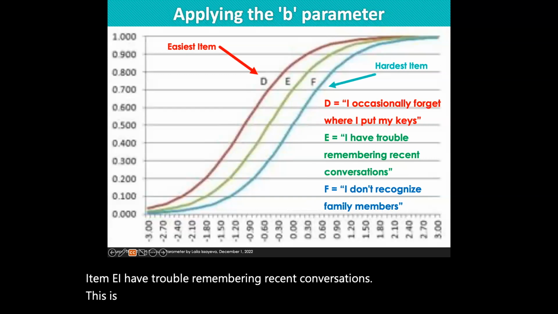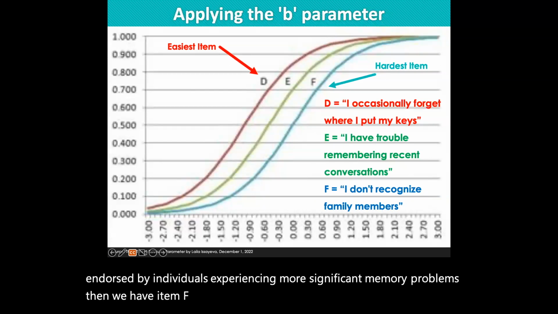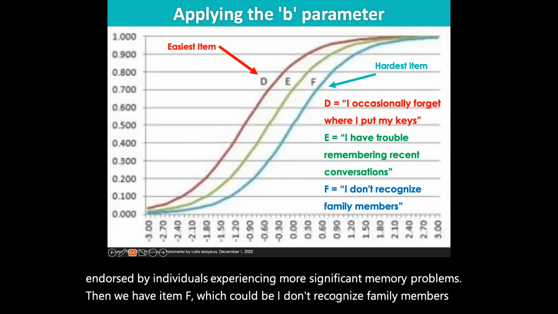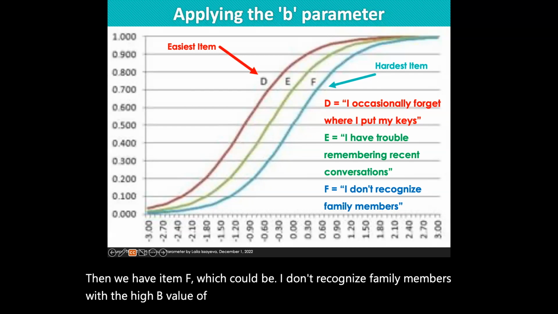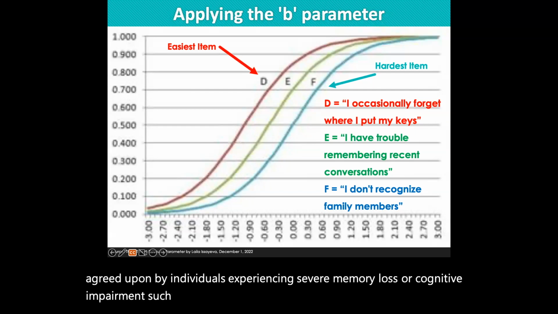This item's B value of 0.0 indicates a moderate difficulty, likely to be endorsed by individuals experiencing more significant memory problems. Then we have item F, which could be, "I don't recognize family members." With a high B value of 1.0, this item is hard to endorse and might be agreed upon by individuals experiencing severe memory loss or cognitive impairment, such as those with advanced dementia.